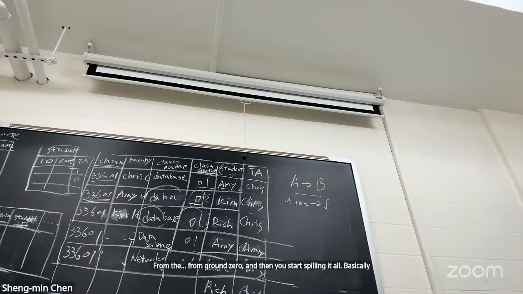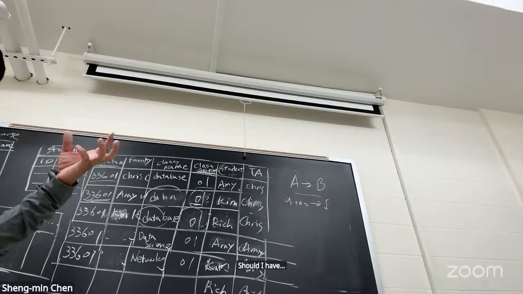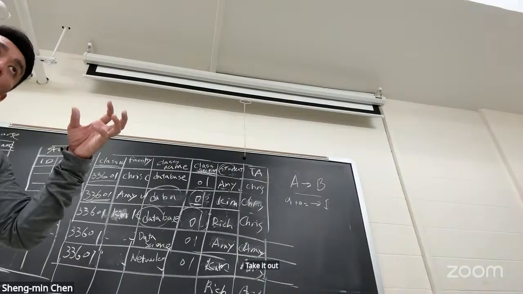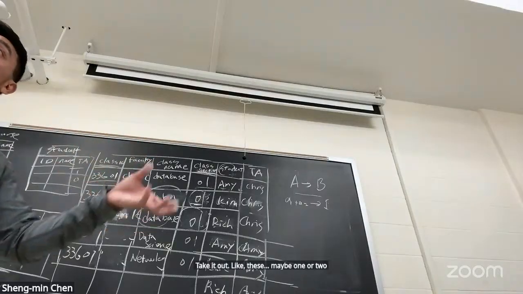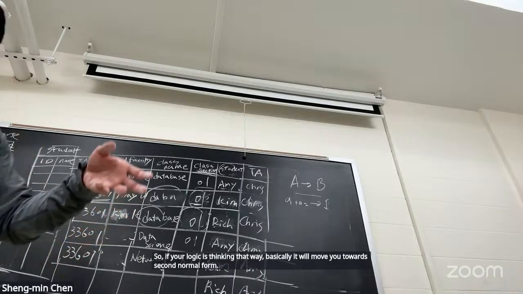Basically, you just have to think about, okay, should I have this information taken out? Maybe one or two columns should be their own table, and then have their own primary keys. If your logic is thinking that way, it will move you towards second normal form.